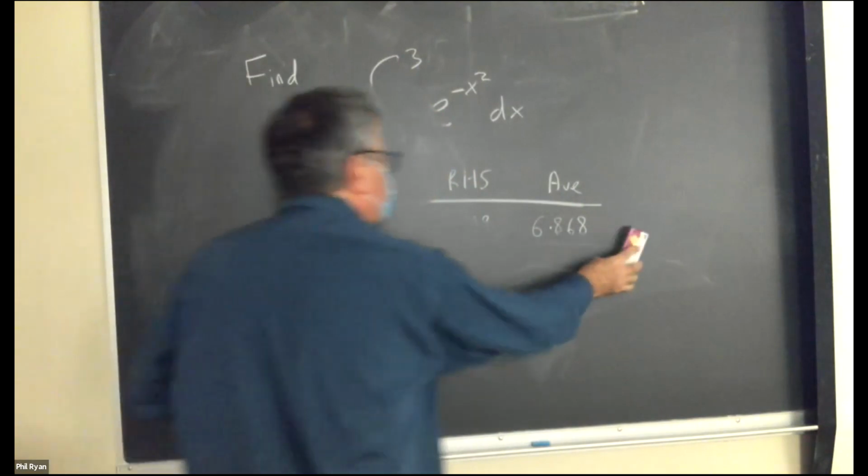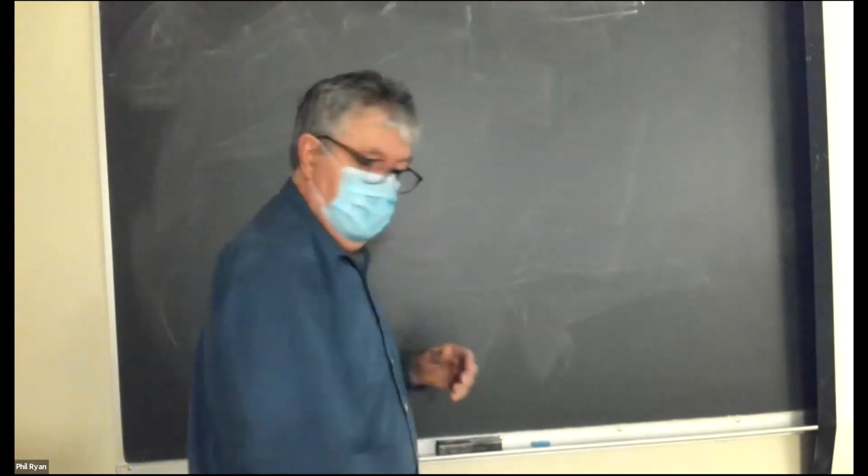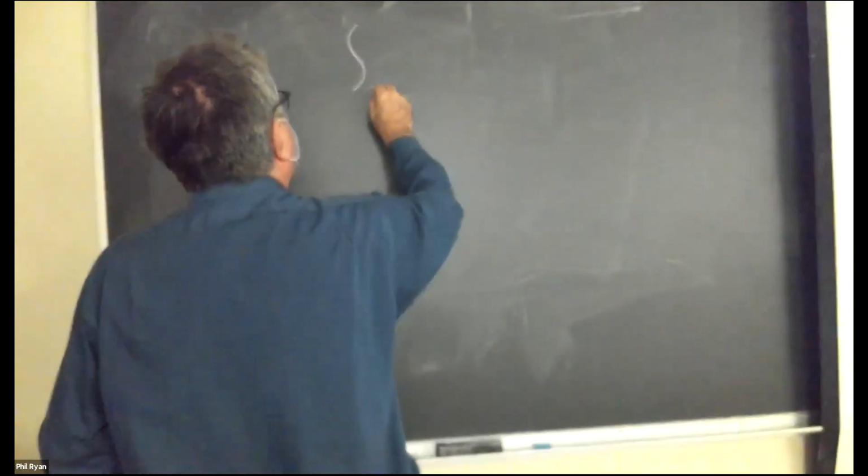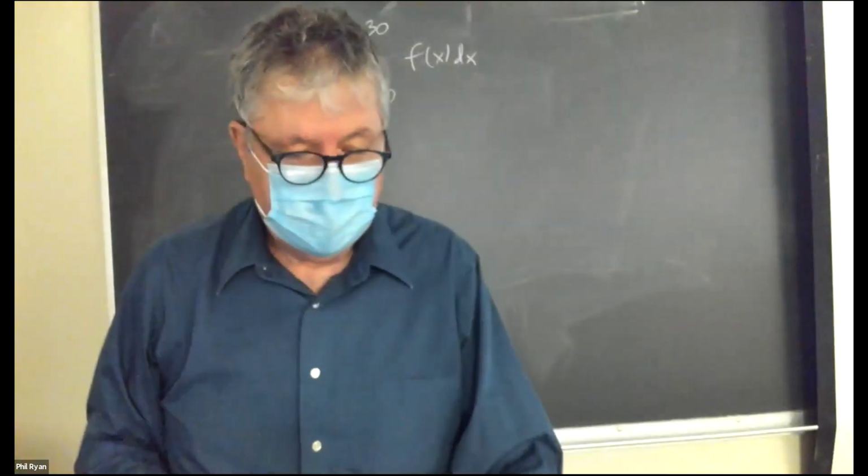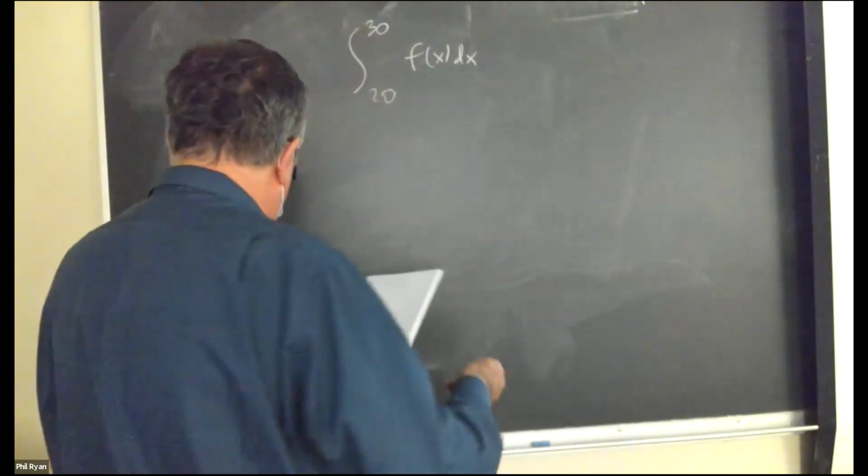And of course, let's just quickly do another numerical example. Let's do the integral between 20 and 30 of f of x dx. And now we just have a table for f.